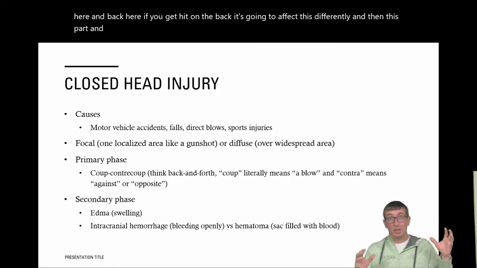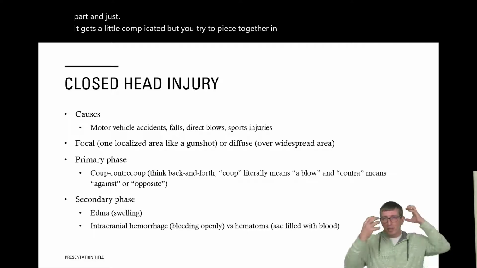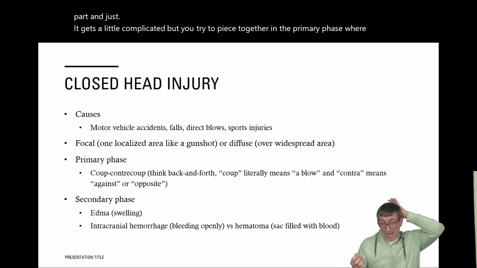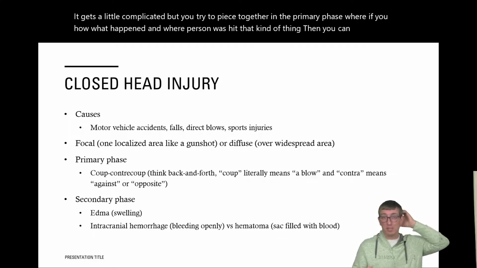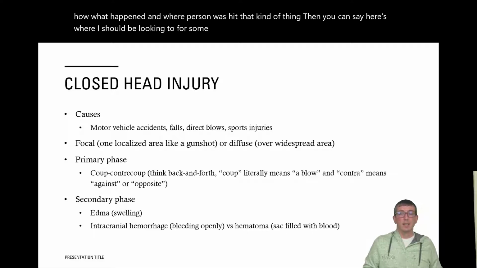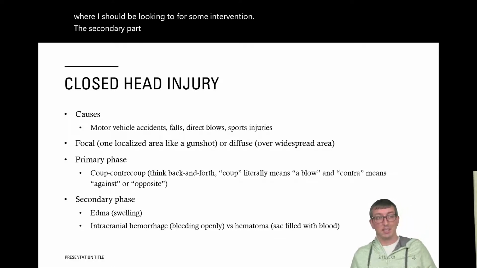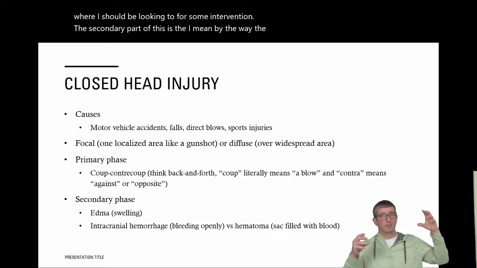It gets a little complicated, but in the primary phase, if you know what happened and where a person was hit, then you can say, here's where I should be looking for some intervention.